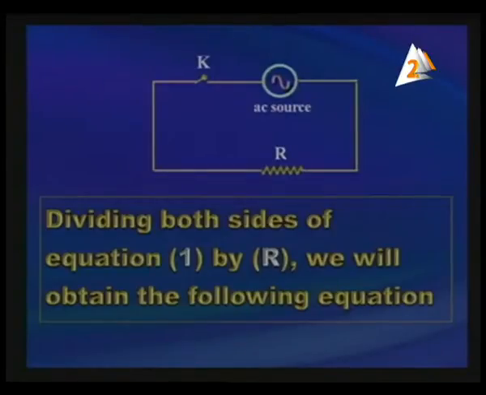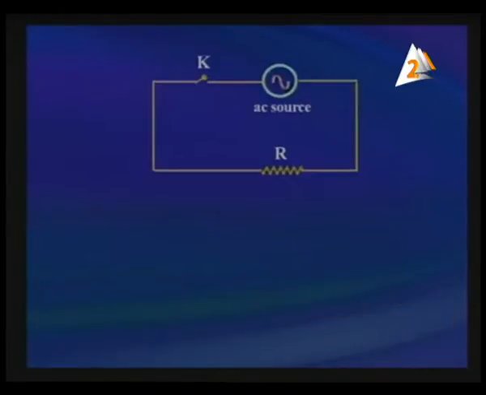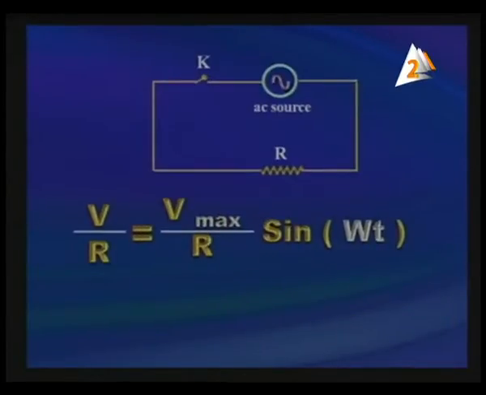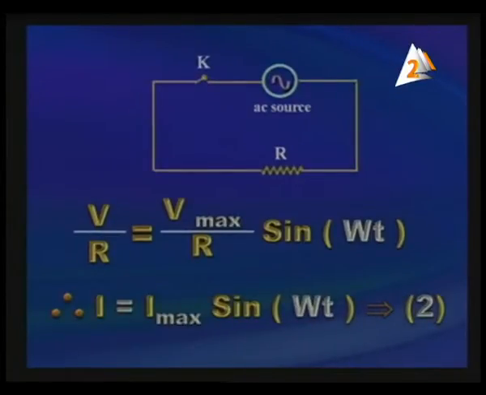Dividing both sides of equation 1 by R, we'll obtain the following equation. So instantaneous voltage over resistance equals V maximum, okay, over R sine omega t. V over R will give the instantaneous current. Okay, so we can say instantaneous current is equal to, yes, I maximum sine omega t.